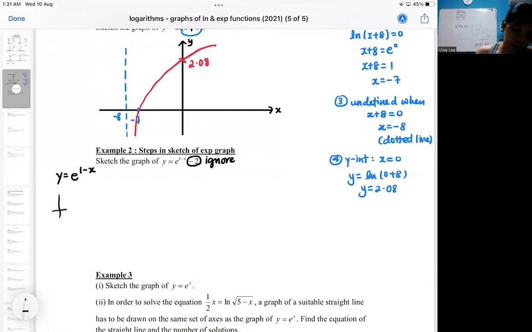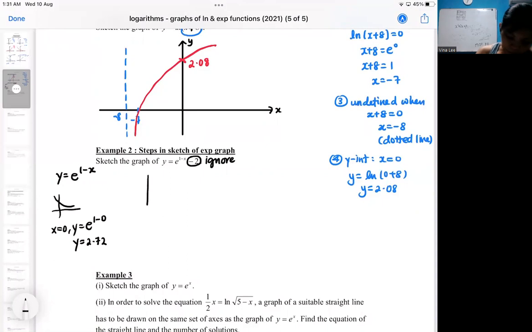So I'm expecting that it will look something like this because the coefficient is negative. And I should be checking the y-intercept. So I put in x equal to 0. So my y-intercept is e to the 1 minus 0, which gives me 2.72.